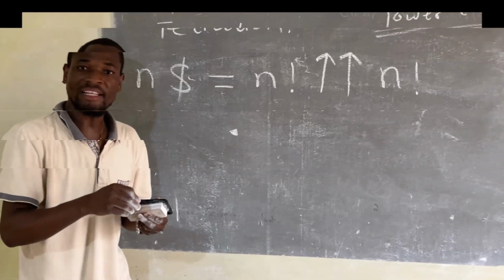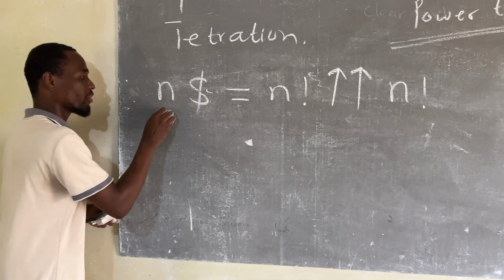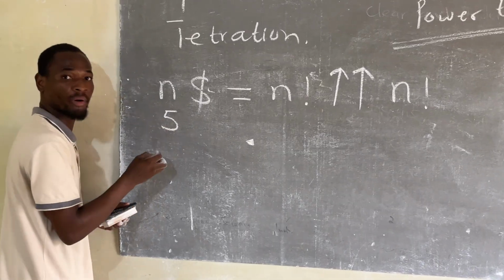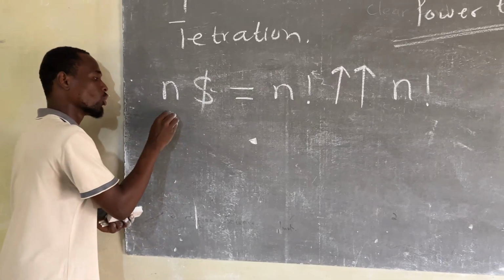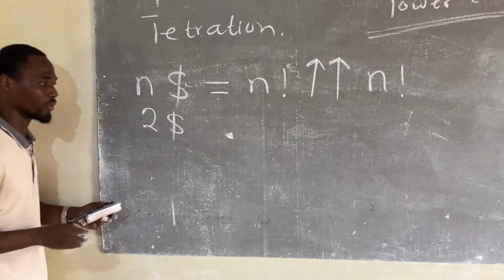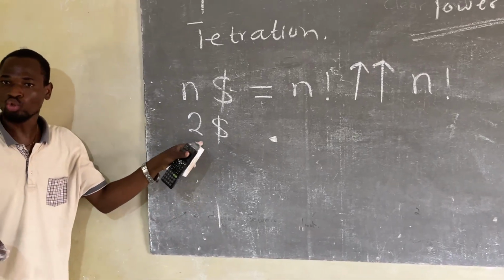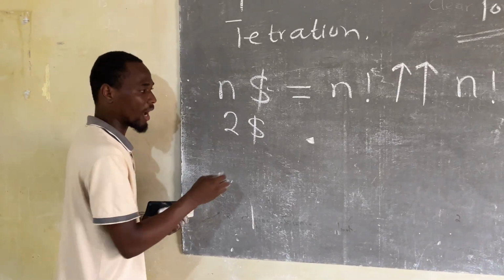Alright, viewers, evaluate the following superfactorial. Evaluate the superfactorial of 2. So superfactorial of 2, or 2 superfactorial. So viewers, this is not $2. So what's the formula?